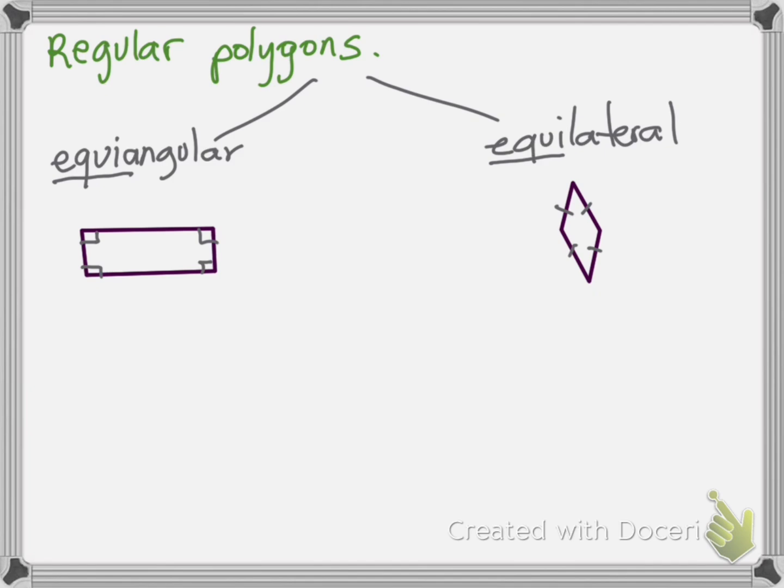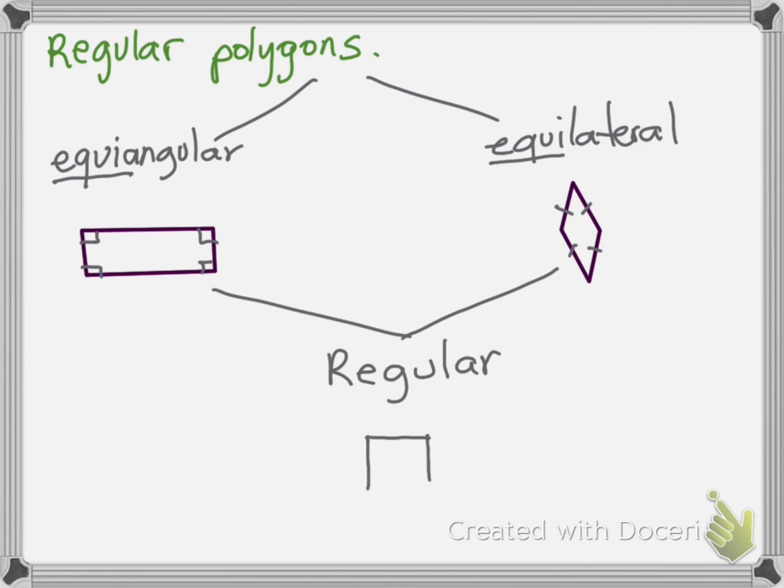Now, if we combine the two characteristics, we get a regular polygon, which means again that it is both equiangular and equilateral. And in this case, the example would be a square.